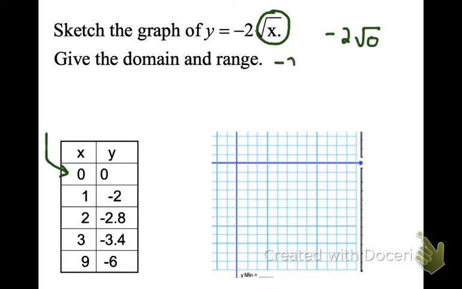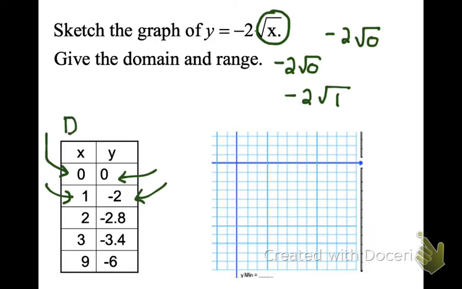So then we say -2 times the square root of 0, and that gave me this guy. Then I subbed in a 1. -2, put in a 1. So that's my part of the domain. Then when we multiply 1 times -2, we got -2.